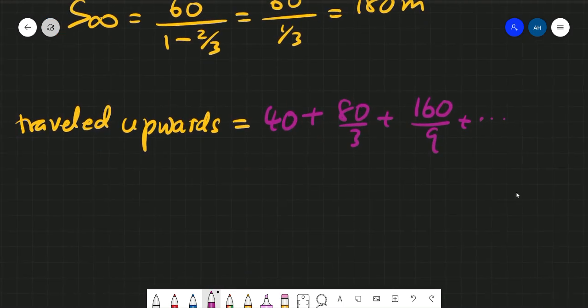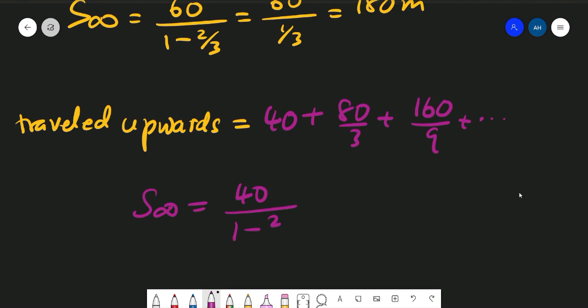So we can use that formula again, S infinity equal to, the first term is 40, and the common ratio is 2/3 also, so 1 minus 2/3. So this is equal to 40 over 1/3, which is equal to 40 times 3, that is 120 meters.